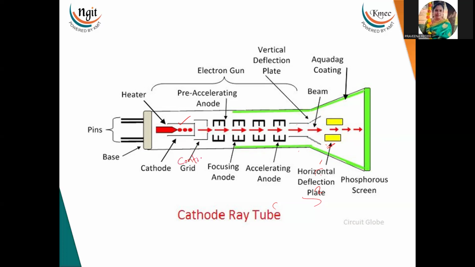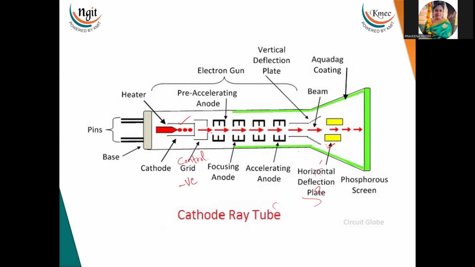We can also call it a grid or control grid. For this control grid, a very high negative voltage is applied. So that will repel the electrons, and this control grid is generating the electron beam.